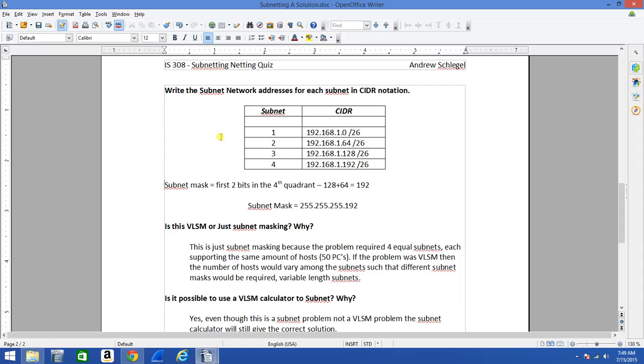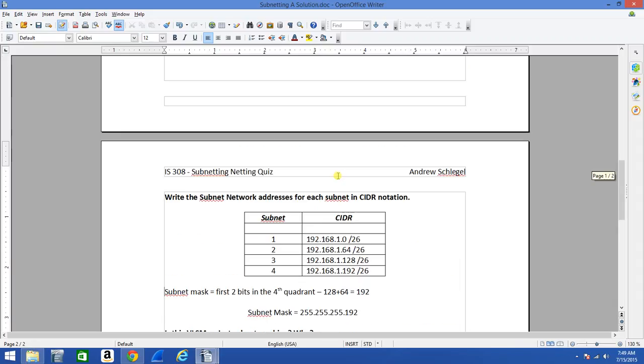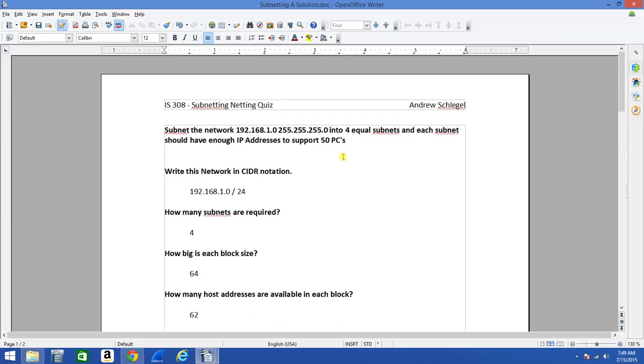So again, in this example, let's say I had four more subnets, but I knew each one of them were going to use fewer computers, then I wouldn't have to break this into equal spaces.